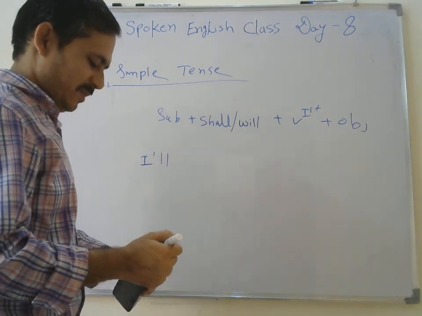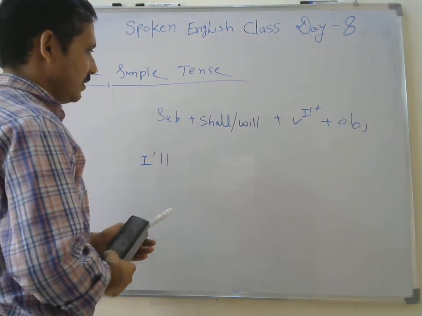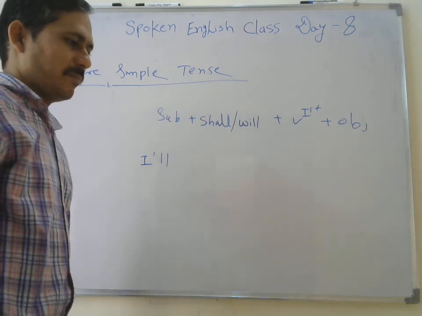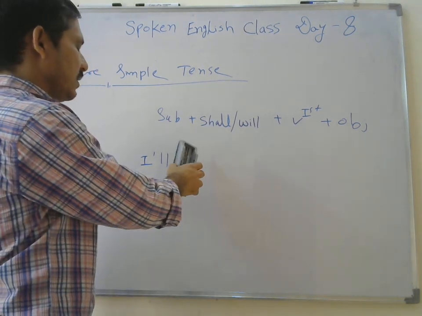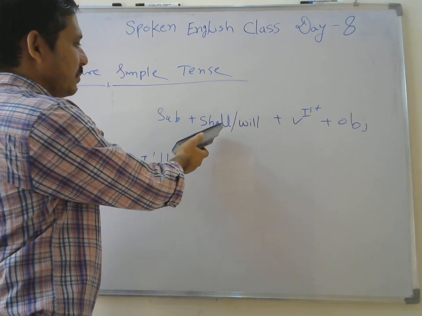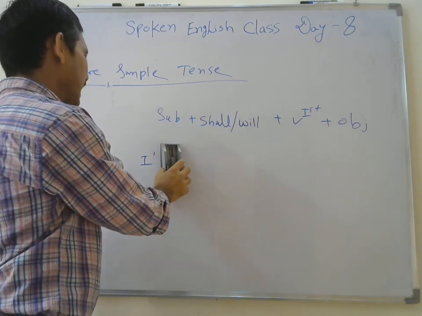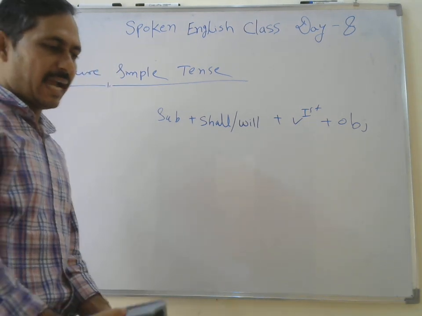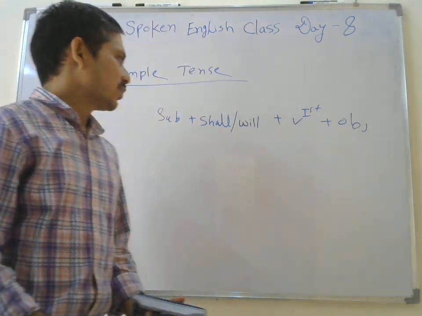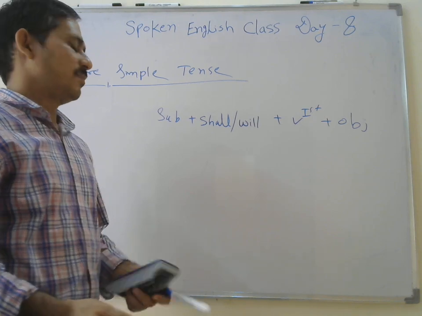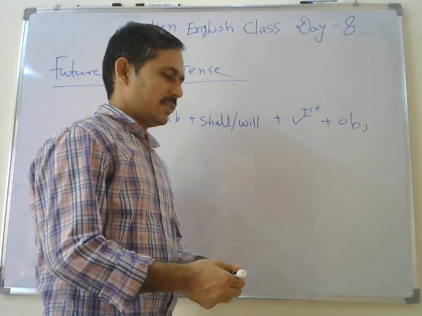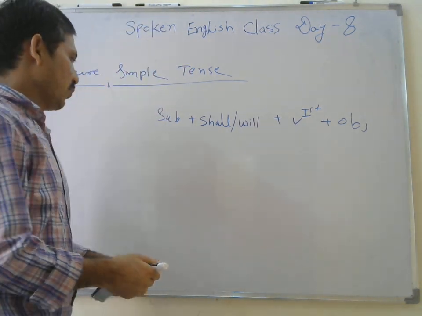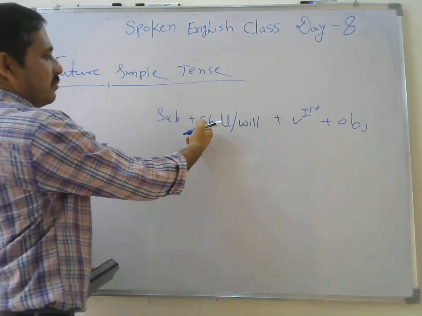Many people don't remember the uses of shall. They'll just use I'll, he'll. Okay, I'll do that, sir. I'll do that. So they think that maybe with I, will is used, but actually it's I'll. So I'll is now the short form of shall or will.